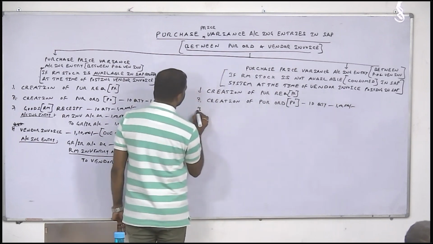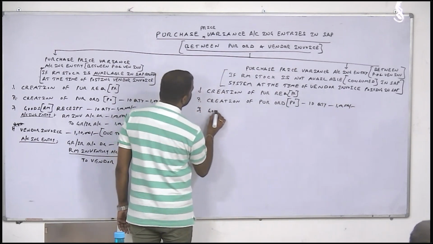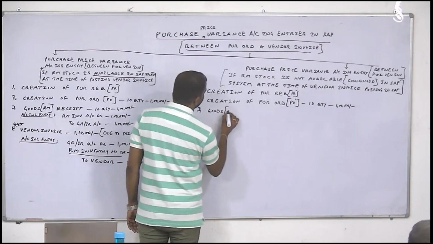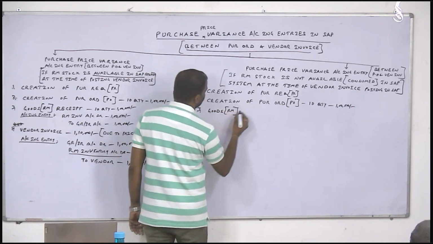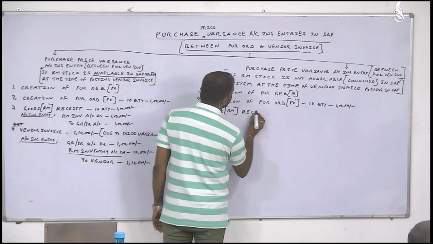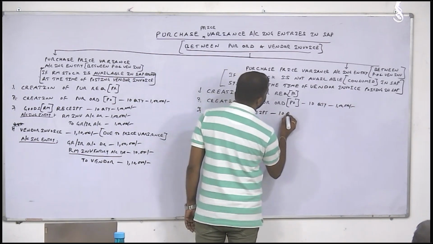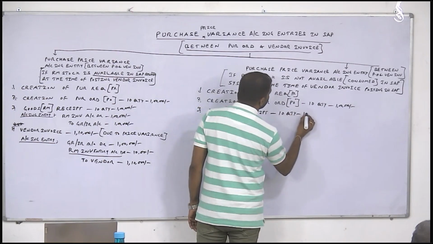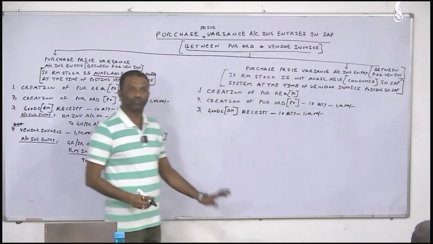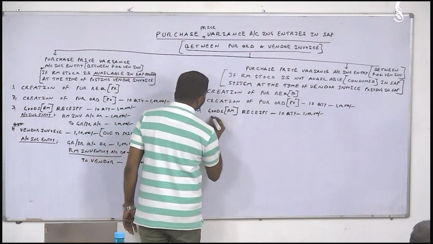Then what is the third one? Goods receipt, nothing but raw materials. What is the quantity? 10. How much amount? 1 lakh. What is the accounting entry?